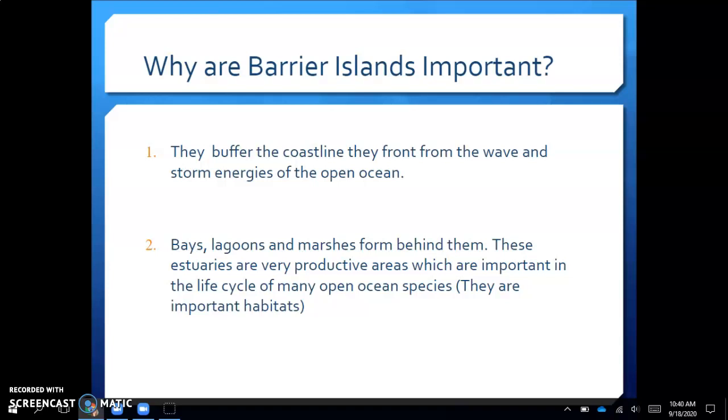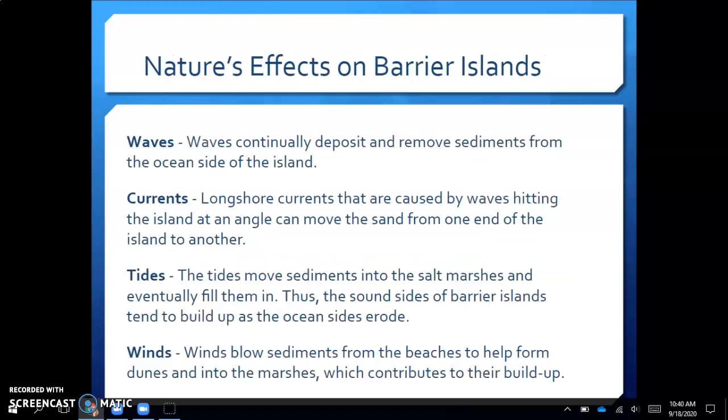So they act as a buffer and they help protect the mainland. Also, they are highly productive, meaning that they serve as really good and nourishing habitats for lots of different organisms. So they're important habitats and they're important in the life cycle of many open ocean species as well. So they're important habitats and they help protect us from storms.